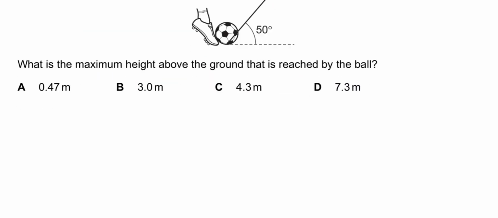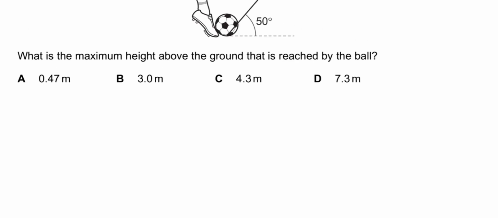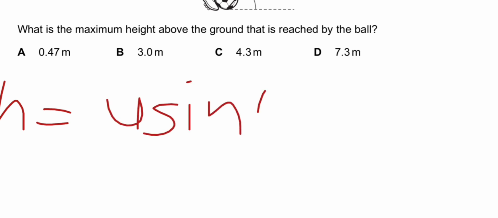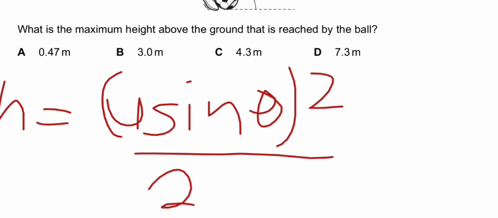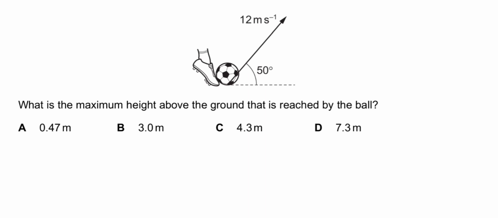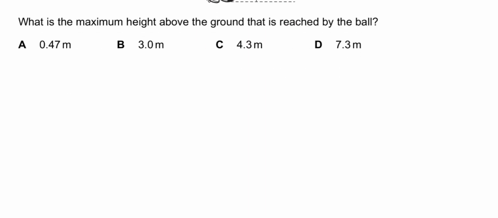So the formula to find our height, if we make h the subject of the formula, is h equals (u sine theta) squared divided by 2g. Going back to our formula, our u is 12 and our theta is 50.